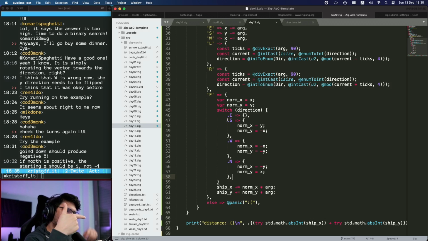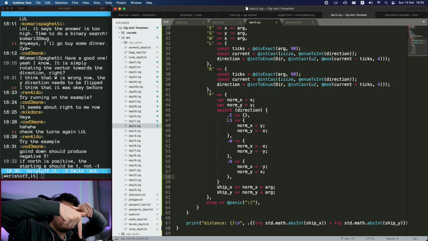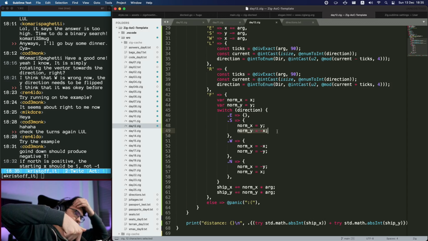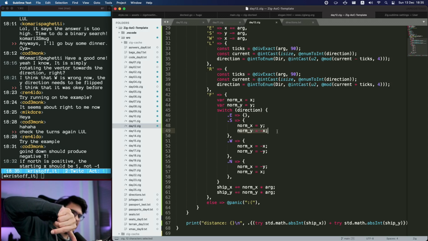East is okay. This is positive. Right is positive. Up is positive. South: X is Y. Y is X, but it's negative now because we're going down. West is... everything is negative. And we don't flip them.